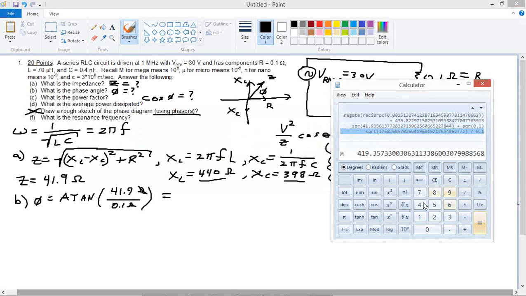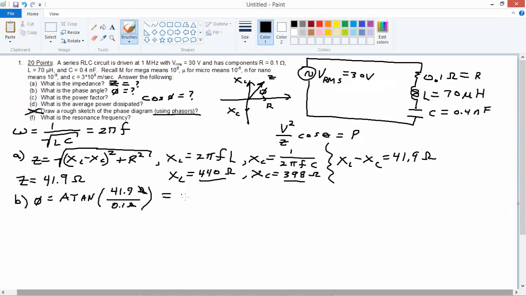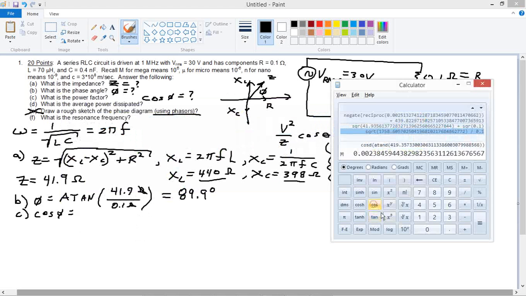So that's 41.9 divided by a tenth of an ohm, and we get the inverse tangent of the angle. I got 89.9 degrees. See, the power factor, cosine of the phase angle, equals, well, just go back to the calculator, take the cosine of this. Very, very small, 0.00238.